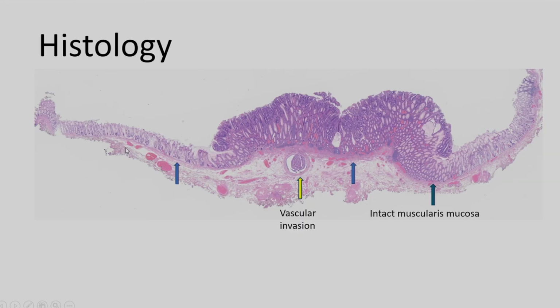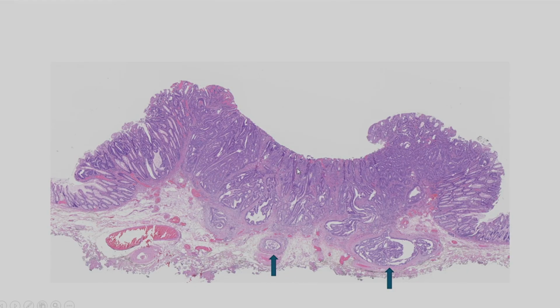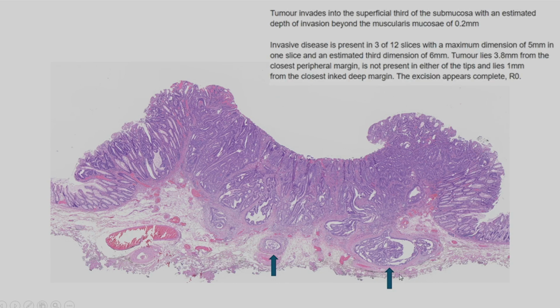If you trace the margins here, it has intact muscularis mucosa, but there was vascular invasion there. The yellow arrow shows vascular invasion. Again, there is deeper invasion, but because of the intact full thickness muscles, the histopathology conferred that although 3 out of 12 slices had deeper invasion, the overall resection was R0.